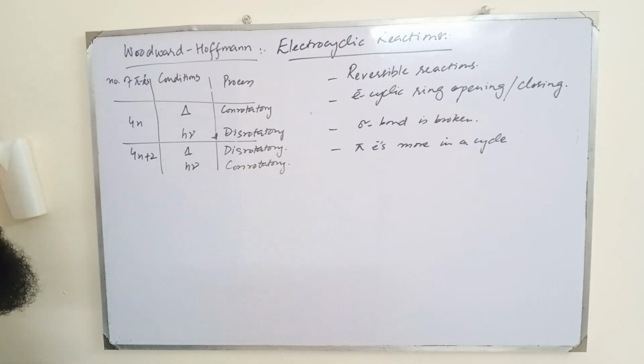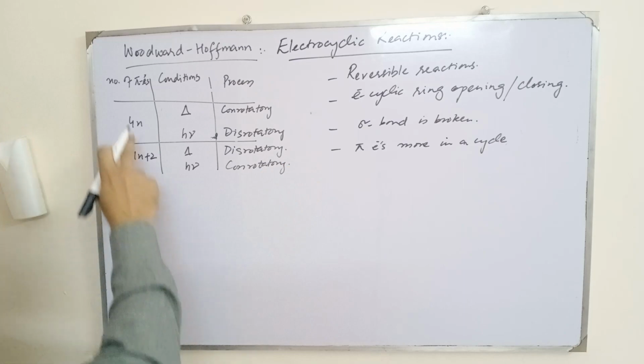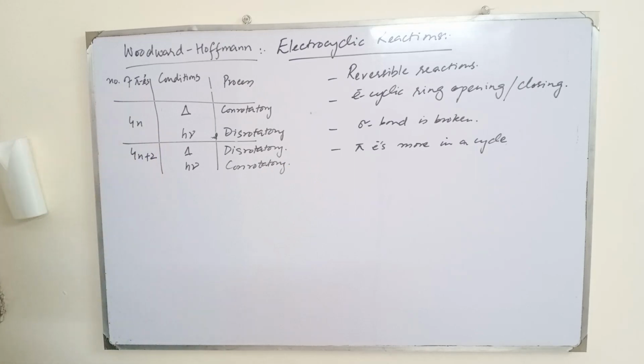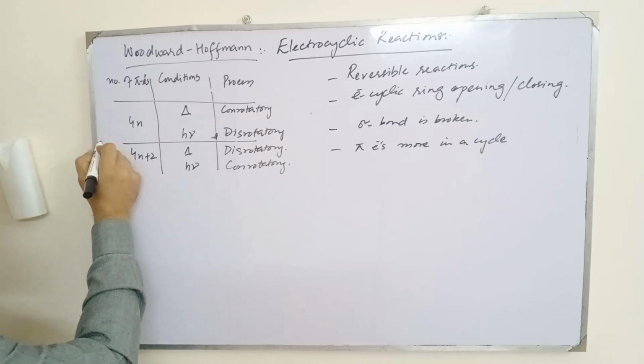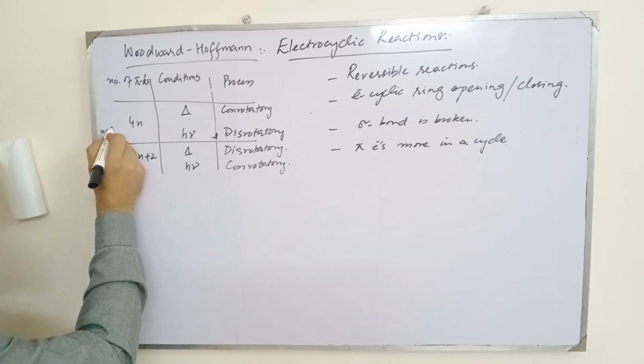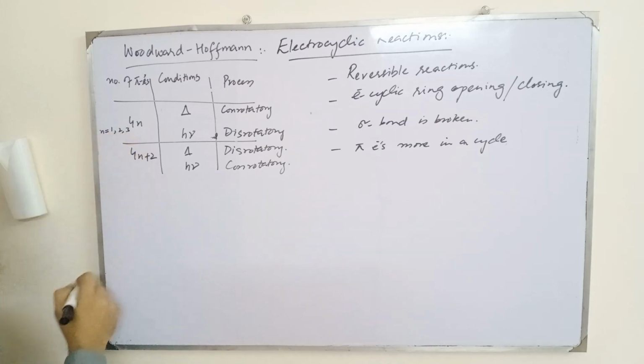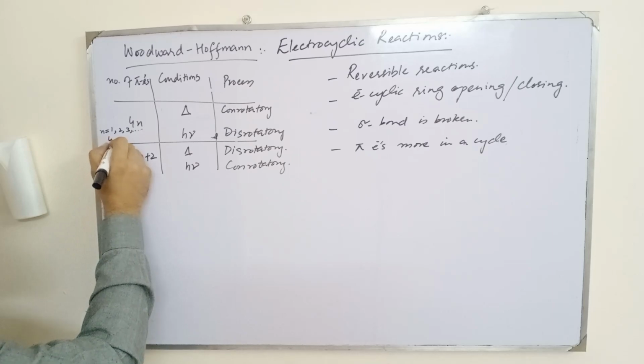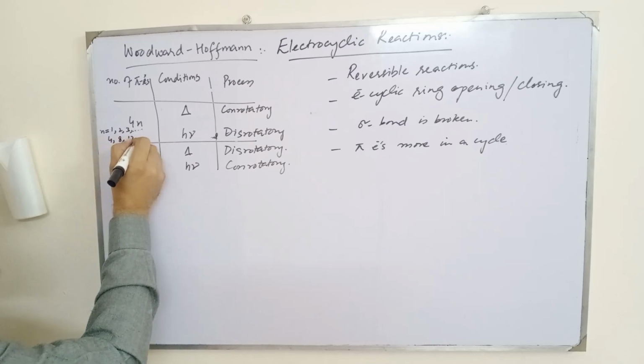Okay, now we first explain the table. In this case we have a number of pi electrons, which can be 4n, and n can be 0, 1, 2. However, when n is 0, it means there are 0 electrons, so of course that cannot be the case. Therefore n can be 1, 2, 3 for example, and when n is 1, electrons would be 4, 8, 12 and onwards.